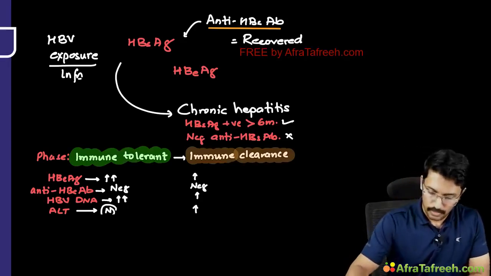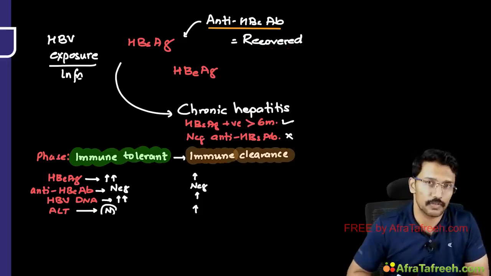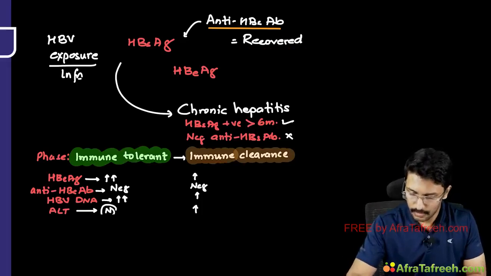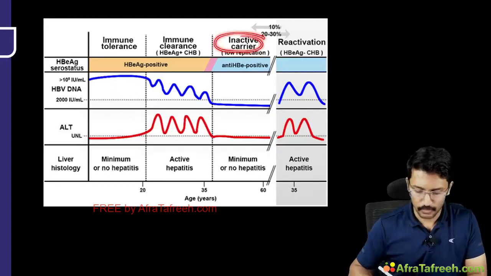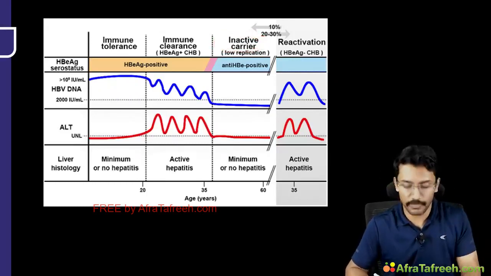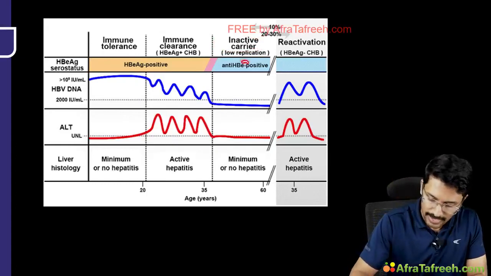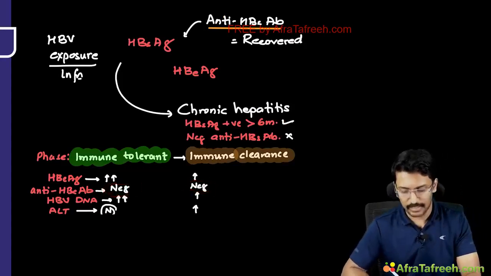Okay. Now from this phase, what will be the next course for the patient, right? So patient can enter into another phase, what we call as inactive carrier phase. So if body is able to mount a more profound and specific immune response by producing anti-HBe antibody, right? If you remember, here I said that in both these cases, the anti-HBe antibody is negative, right?